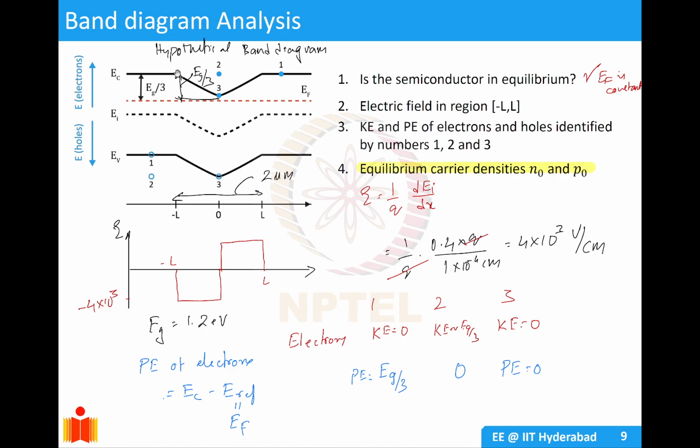Here del EC by del x has a negative slope, so you have a negative electric field. Here del EC by del x has a positive slope, so you have a positive electric field, and then again it becomes zero. So it's zero, then negative, then positive, then again zero.